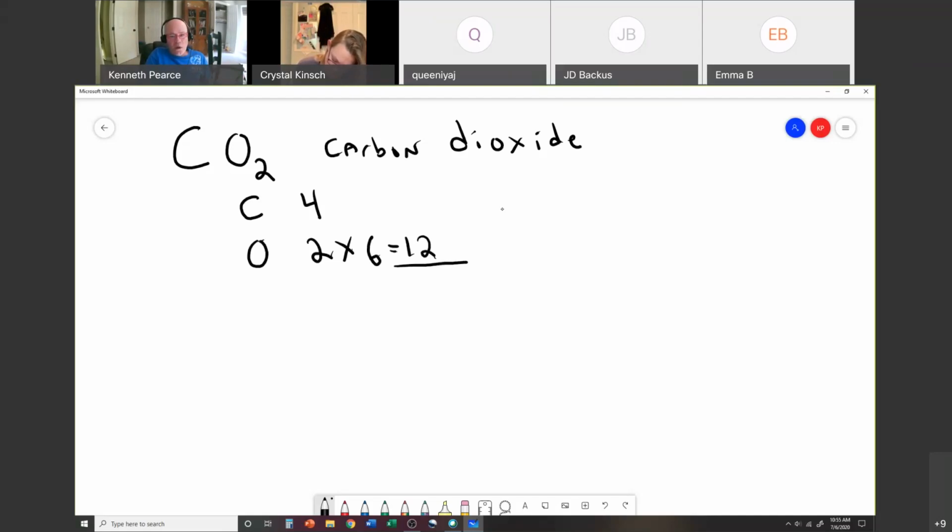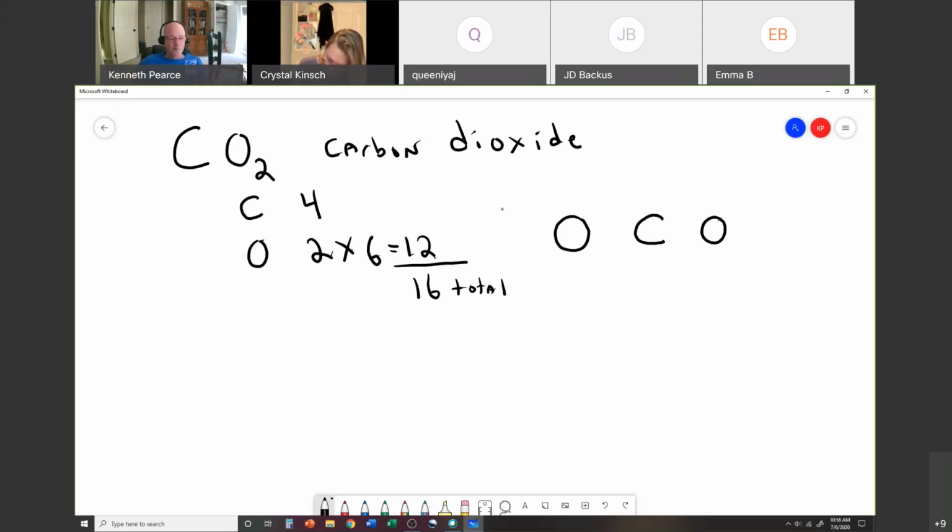And I add these up, that gives me 16 total. Now carbon, it's 1 by itself, so it goes in the center. And I'm going to go ahead and just put the oxygens off to the side because I already know what the structure should be.